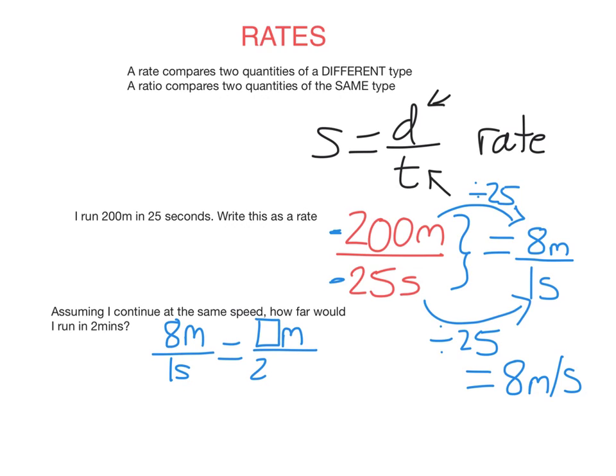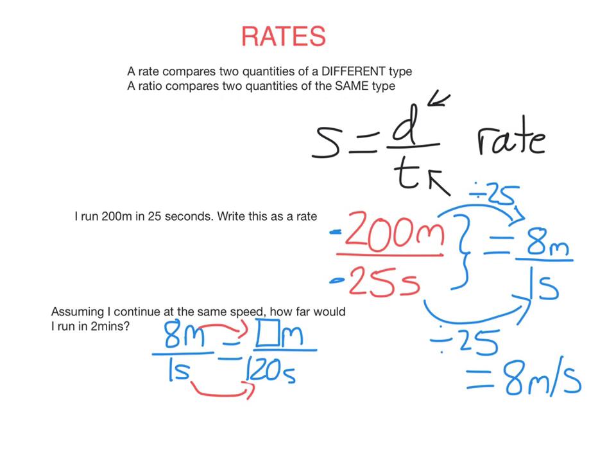It's exactly the same idea that I was just talking about. We want to make these two equivalent fractions. Whatever I've done to the bottom, I must also do to the top. To figure out what we've done to the bottom, it'd be easy if we put things in the same unit. So we make 2 minutes into seconds. 2 minutes is the same as 120 seconds.